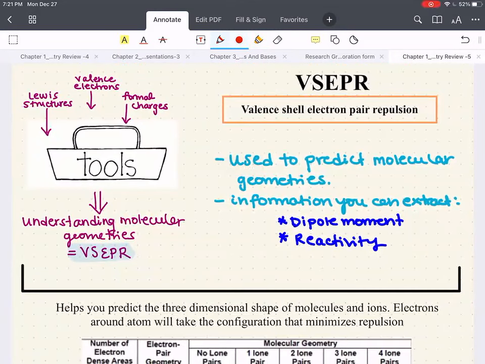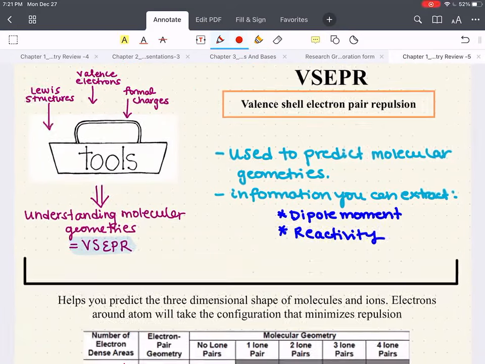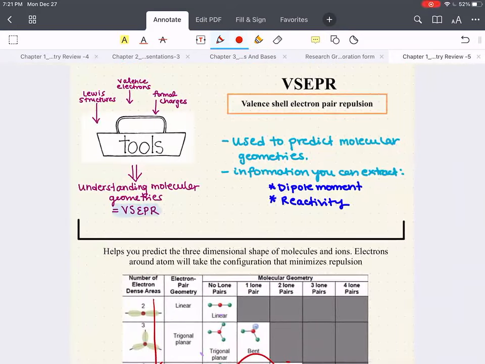So if we are interested in predicting the molecular geometry of an atom in the molecule, VSEPR allows you to do that just by observing the number of electron-dense areas around the atom and the number of lone pairs. We will, of course, do some examples now to reaffirm what I just said.